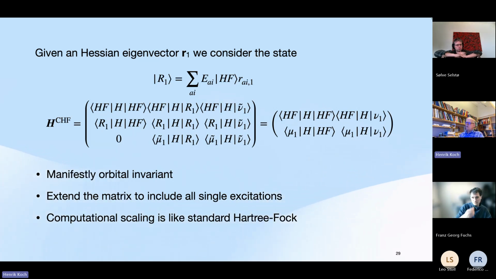And of course, one can also extend this and include other types of excitations. The computational scaling is overall the same as the standard Hartree-Fock, but of course there is a prefactor because we need to determine the eigenvalues of the Hessian at the same time as we minimize the energy.